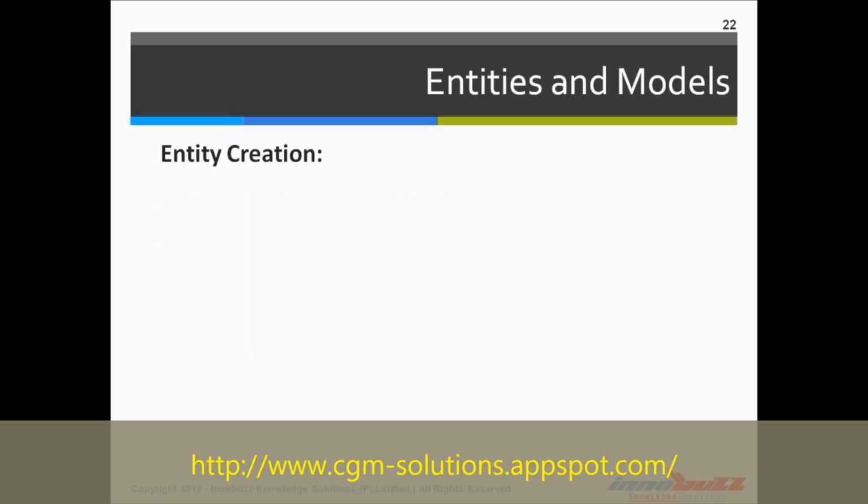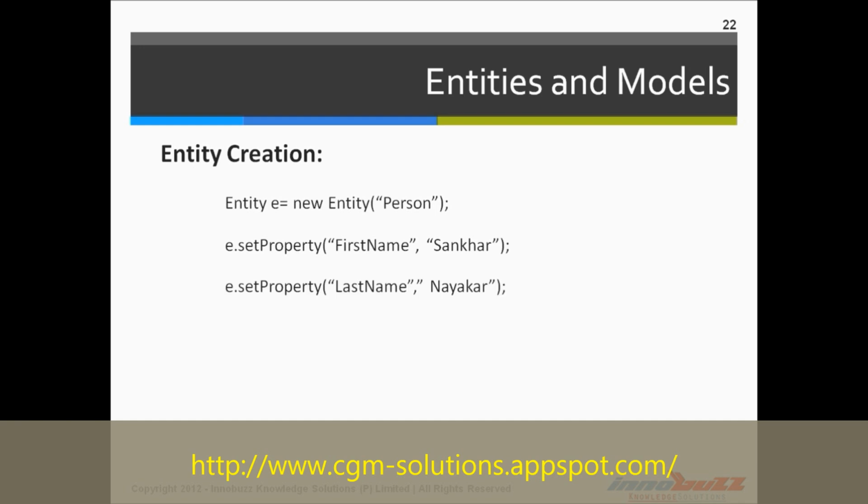How can you create an entity? Entity e equals new Entity of Person. We are creating an entity without passing an identifier to the entity. Setting the properties first name, last name and email.